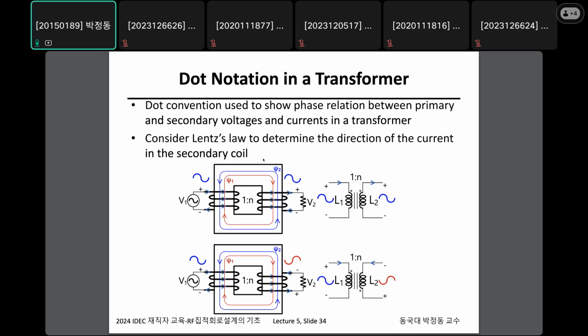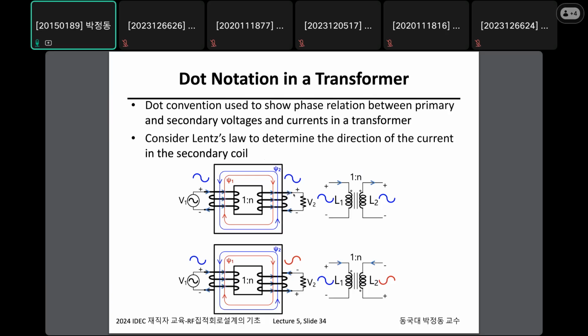So we just wind the second coil in the clockwise direction. Since this is clockwise, in order for the induced current to generate phi 2, the induced current is shown like this arrow.